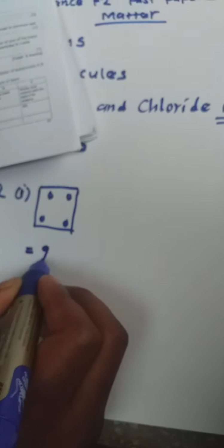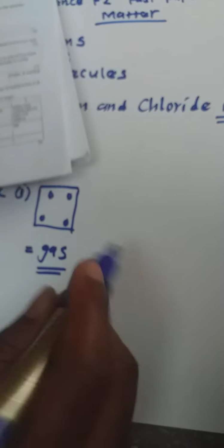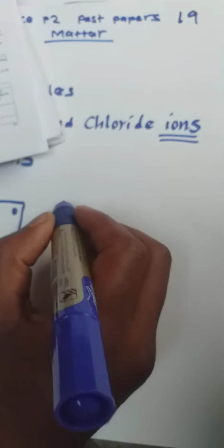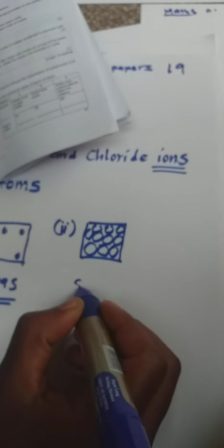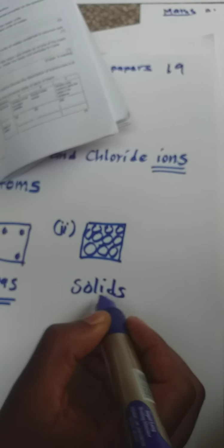So in short, our answer is gas for Roman numeral 1 in the box. Then number 2, which is on B, says particles closely packed. Particles that are always closely packed with a definite structure are solid. So closely packed means solids.